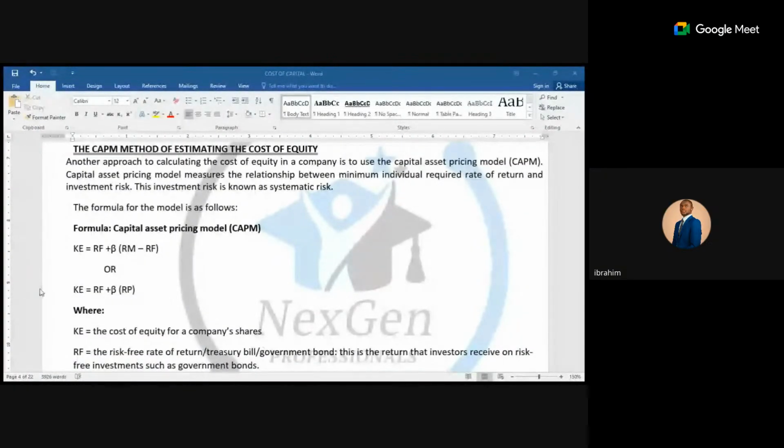That is why there is risk in the formula. RF is the risk-free. B is the equity beta, which measures systematic risk. RM is the market return, minus RF. Or in the question, you may have what we call risk premium.